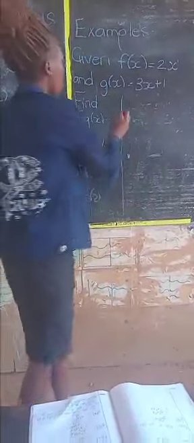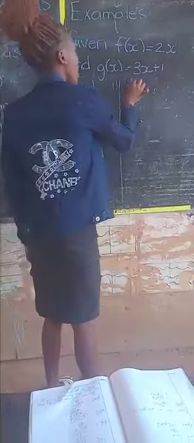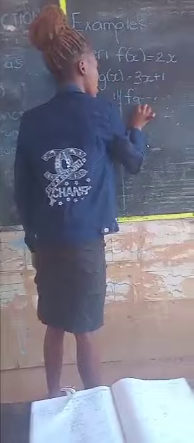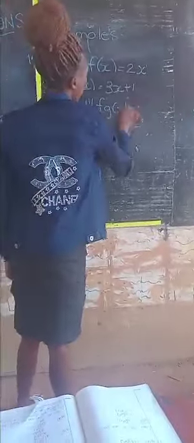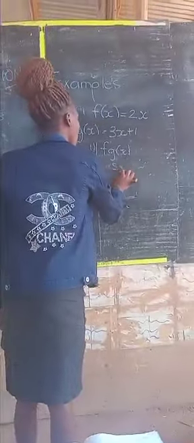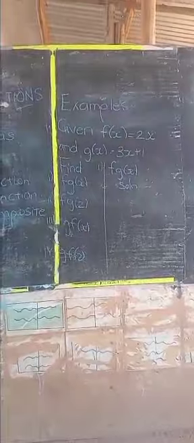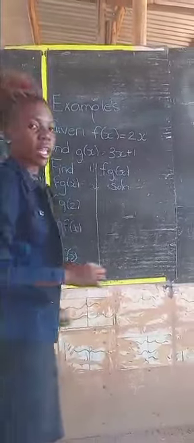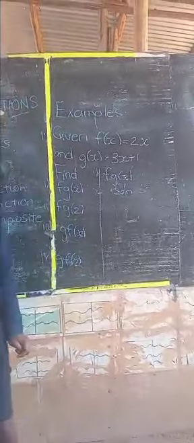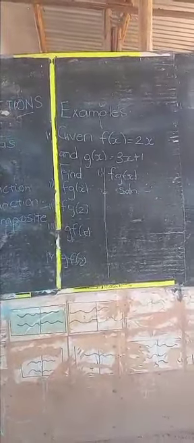First, looking at Roman 1, they have told us to find f(g(x)). In this case, you have to first find the inner function and the outer function. So, class, share with me. Anybody who can tell me the inner function and the outer function?